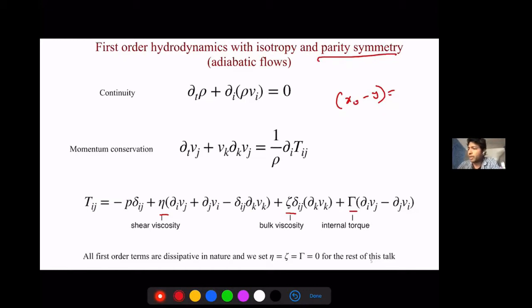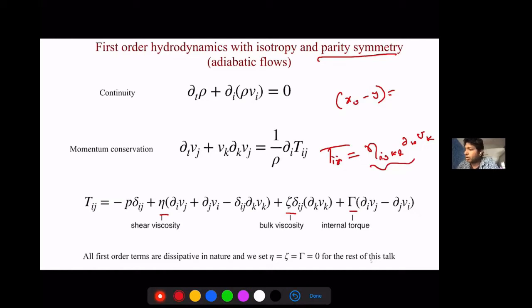And the way to track parity symmetry in these first order responses is that if you have this stress-strain relationship, T_ij is eta_ijkl d_k v_l. So this is the stress tensor related to the strain rate through this rank 4 viscosity tensor.